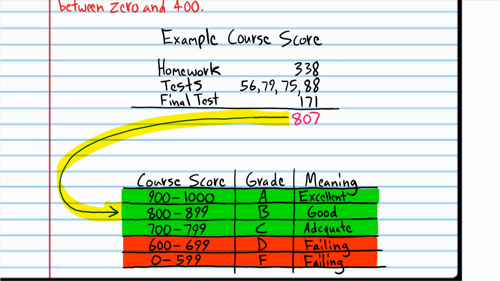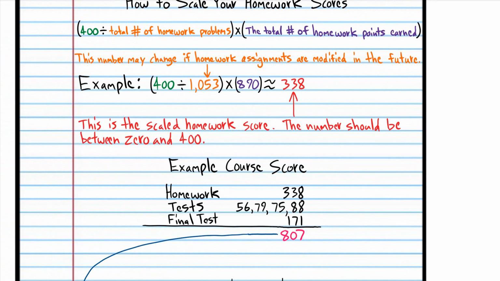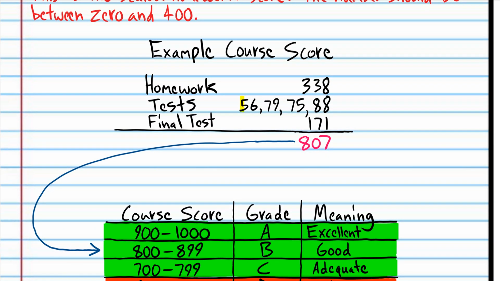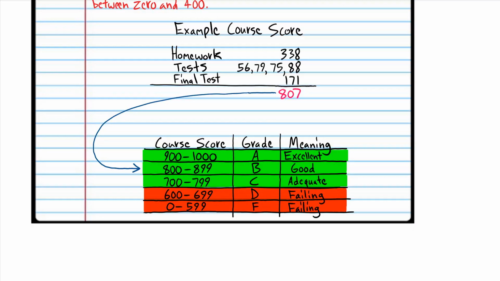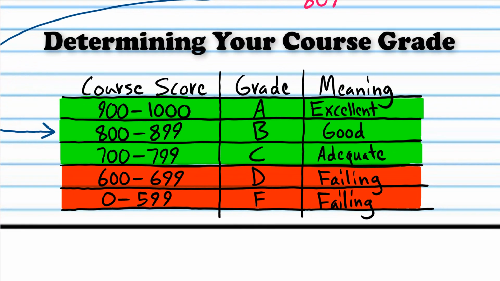That's my course grade. So calculate your scaled homework score, which may take a little effort, but once you get that, add that to your test scores and your final exam score, and you should have your course score. If you scored a 900 or above, then that means that you did very well. You performed excellently.